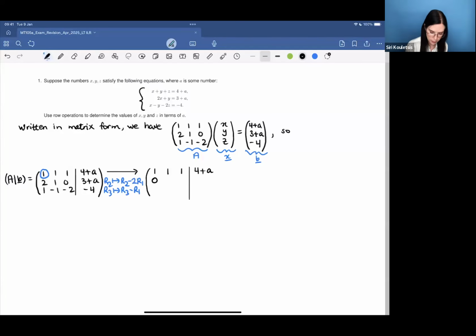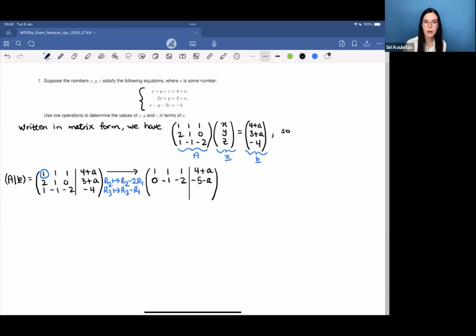1 minus 2 times 1, that's minus 1. 0 minus 2 times 1, that's minus 2. And then we have 3 plus a minus 2 times, and then brackets around the 4 plus a. And that's going to give us minus 5 minus a.